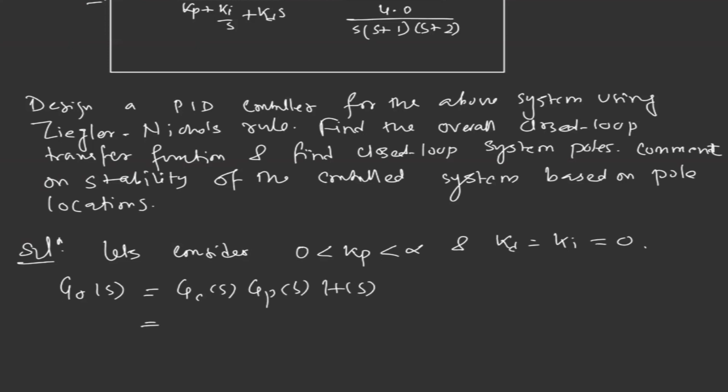So Gc is only Kp, and Gp is 4.0 divided by s(s+1)(s+2).